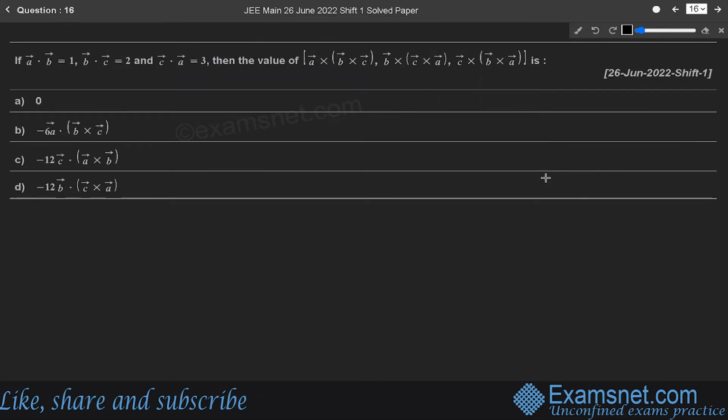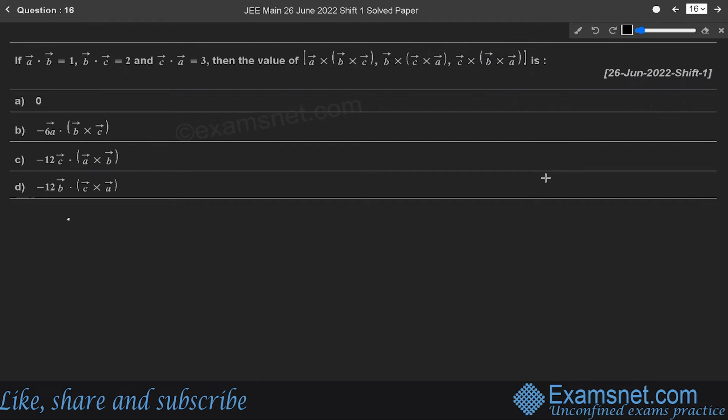If a·b = 1, b·c = 2, and c·a = 3, then find the value of a×(b×c), b×(c×a), c×(b×a).